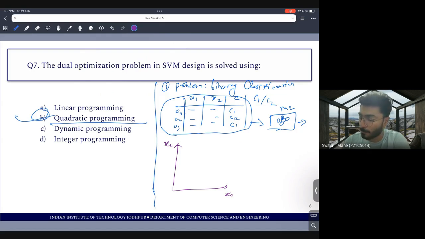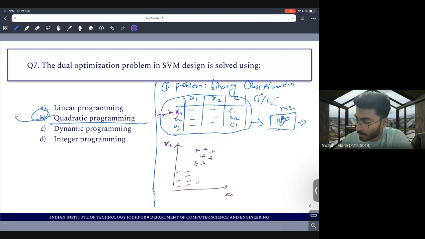Firstly, we map all of the features from this training data. We have a positive class, that is c1, and let's take this one as the negative class, the other class. So this is the distribution we found, and we have plotted it on a 2D plot.